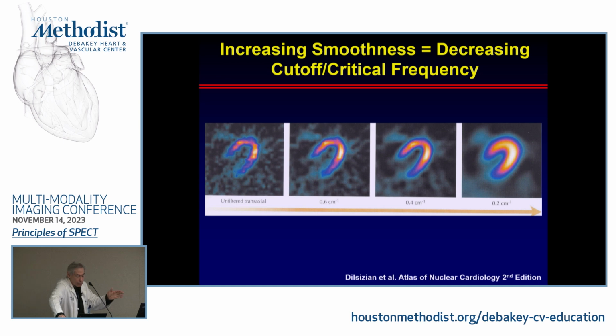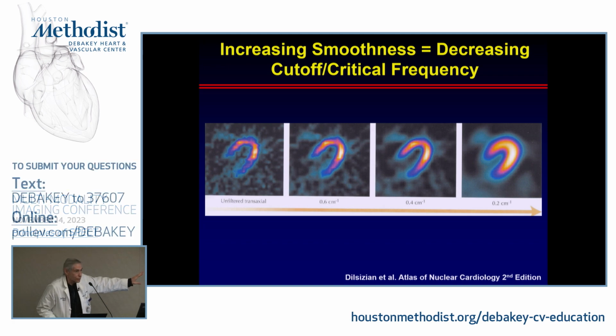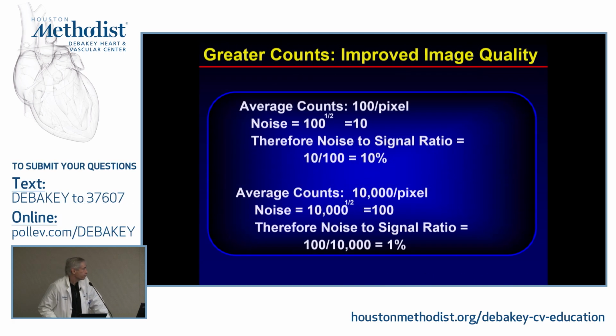And as you apply more and more filtering to it and take out the high frequencies, it becomes smoother. But you also don't want something extreme like on the right-hand side, because you might obscure a perfusion defect because you basically filtered it out, especially if it was a small defect, okay? So again, it's going to be a little bit of balance in terms of what you utilize.